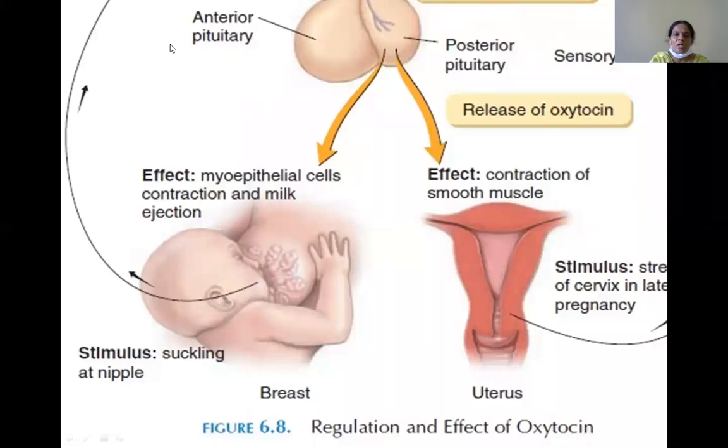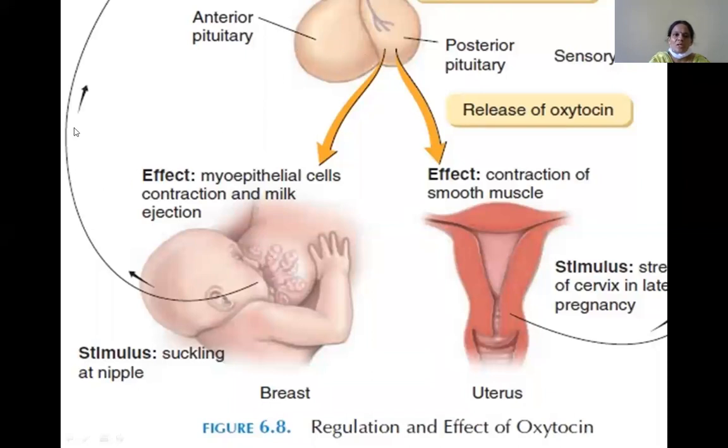Okay, so the other hormone which is responsible for this reflex is prolactin. What happens? The anterior pituitary releases prolactin inhibiting factor. Normally it is under inhibitory control.